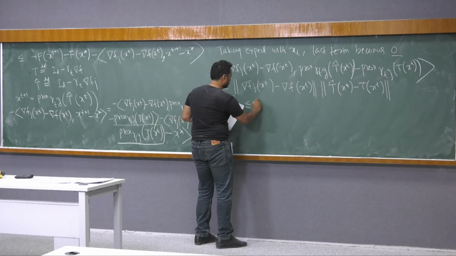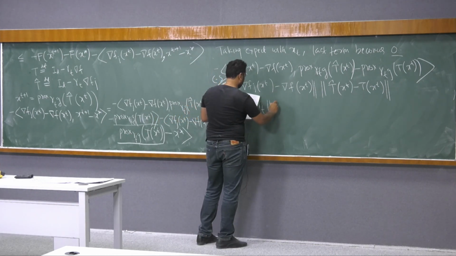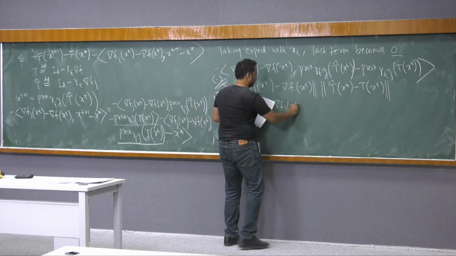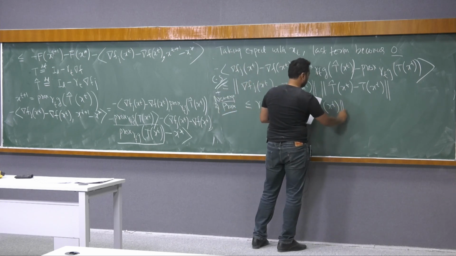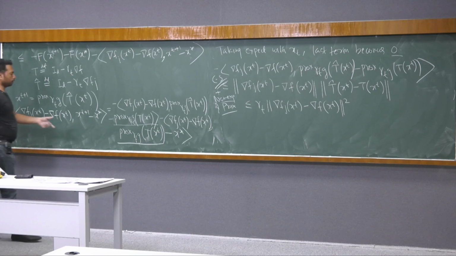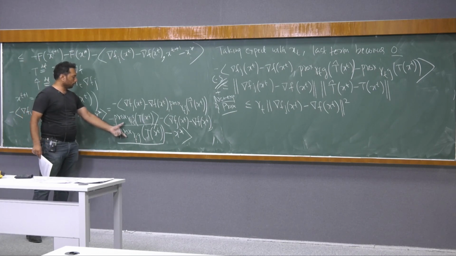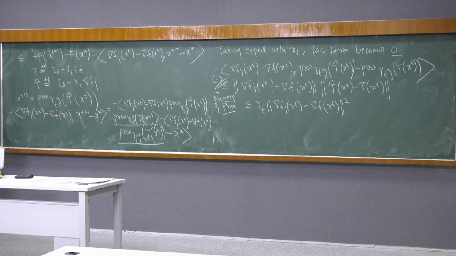So this is less than or equal to gamma_t times the norm of grad f_j(x_t) minus grad f(x_t), squared. If you recall, we dropped this guy with a view that in the future we are going to take expectation. So now we are going to do that. If we do the expectation now, then this was the term we had basically.